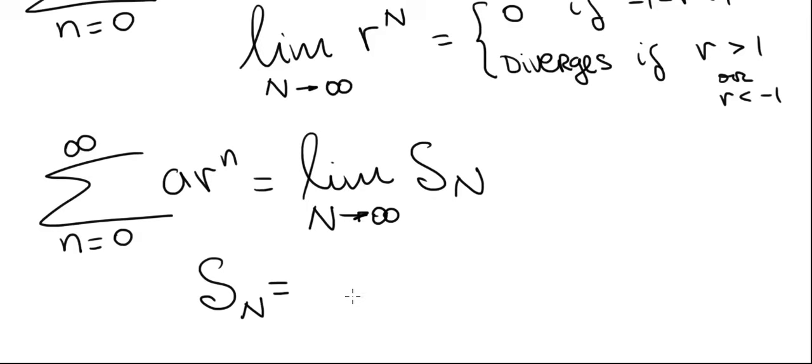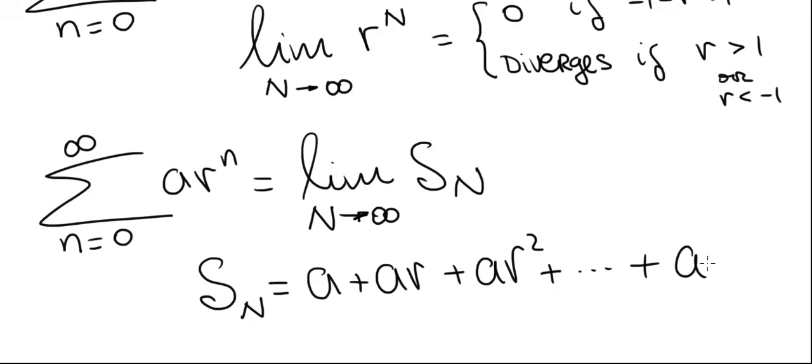So it's the sum of the first capital N terms of the series, which is a plus ar plus ar squared, up to ar to the N minus 1. So these are the first N terms of the series. If we can find a formula for S_N as a function of capital N, then we'll be able to evaluate the limit. If the limit exists and is finite, the series will converge to that limit. And if the limit doesn't exist, then the series will diverge.